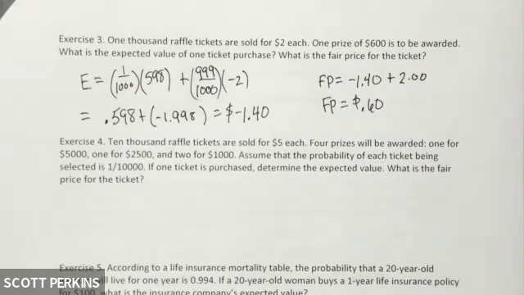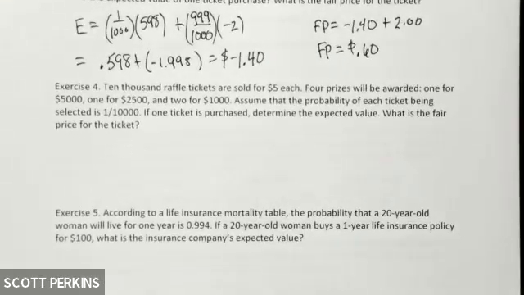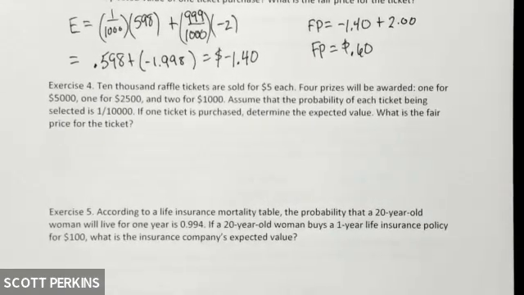We doing all right? All right, just a couple more examples. Again, I'm just taking you through the different things that you'll possibly see when you're going through these problems. So exercise 4, I complicate the lottery a little bit. We have multiple prizes. In this one, there are 10,000 tickets, $5 each. 4 prizes are going to be awarded: a $5,000, a $2,500, and $2,000 prizes.